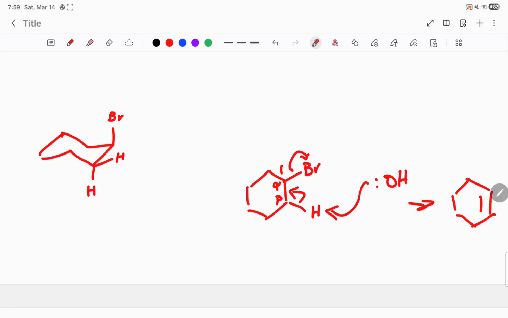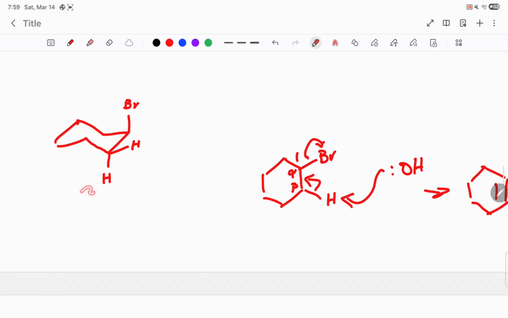Well, the reaction mechanism literally implies that it has to be the hydrogen that is 180 degrees apart from what we call a leaving group. And so because of that, we say that the reaction is stereospecific because, again, the mechanism enforces this.